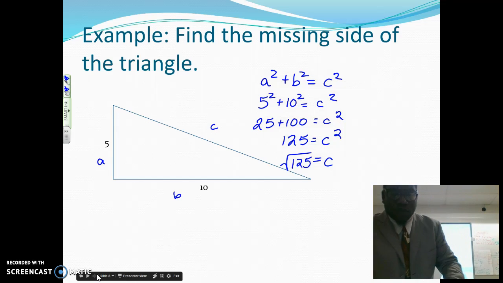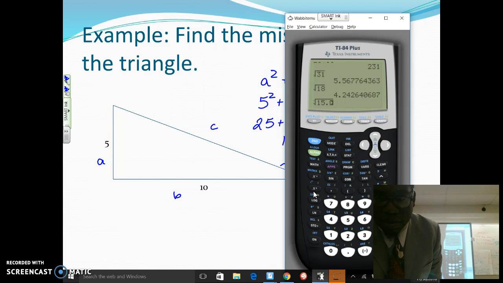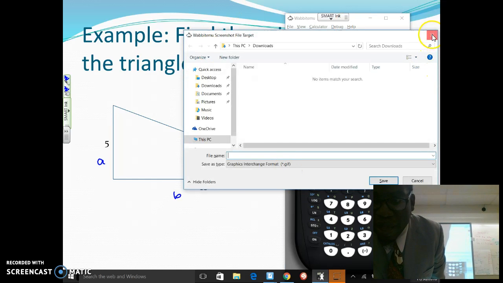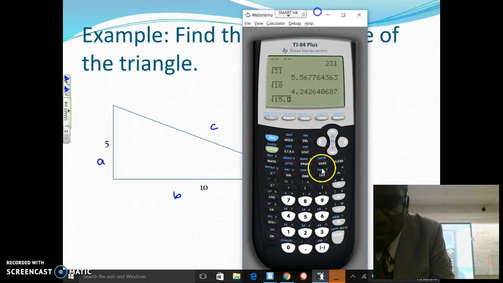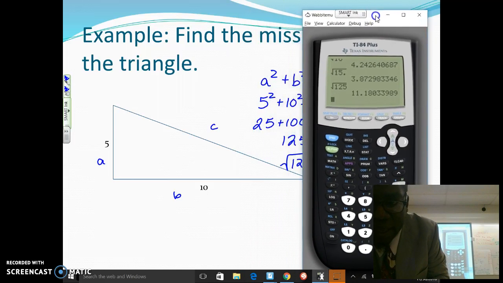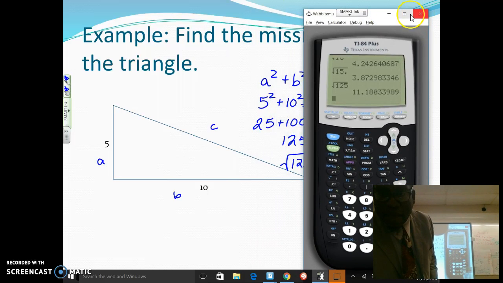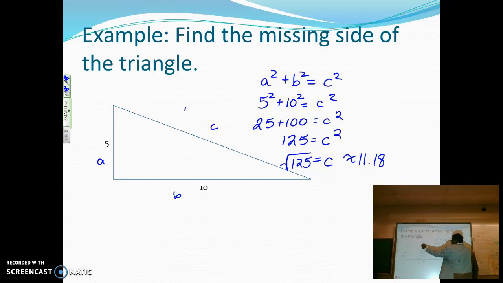And when we do the square root of 125, we will again use our calculator, which gives about 11.18. And that's how long our missing side is.